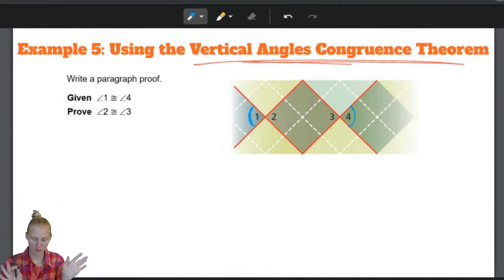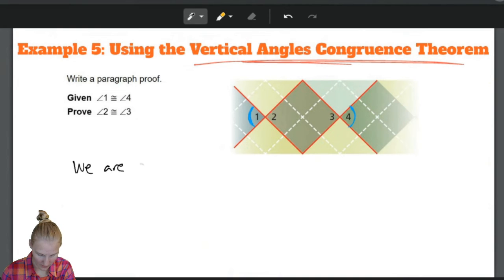So now I'm going to take us back to what we're given. We're given that angle 1 is congruent to angle 4. And now we need to write a proof with this information. So, we are given, and because this is a paragraph proof, I'm just going to write a paragraph. We are given that angle 1 is congruent to angle 4.